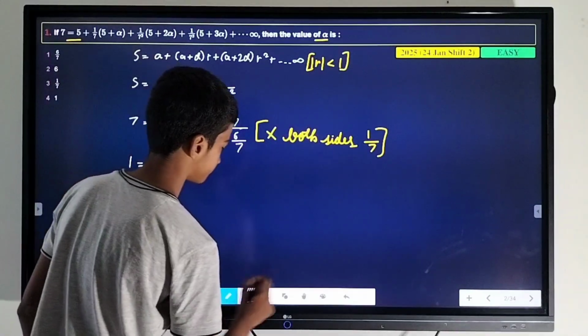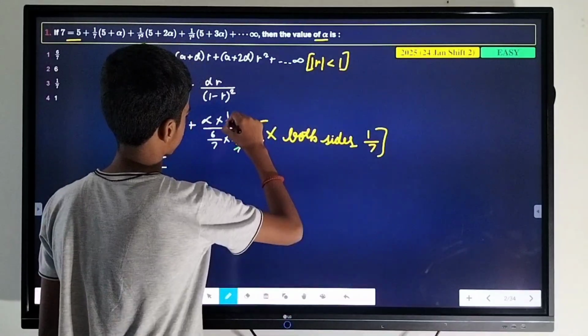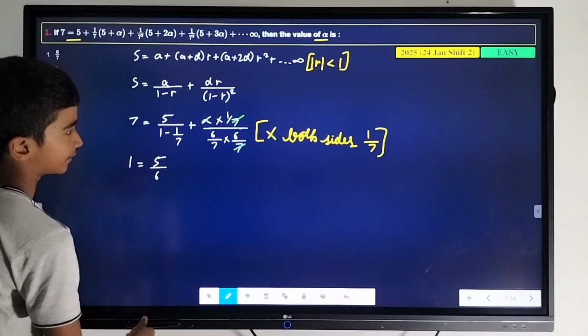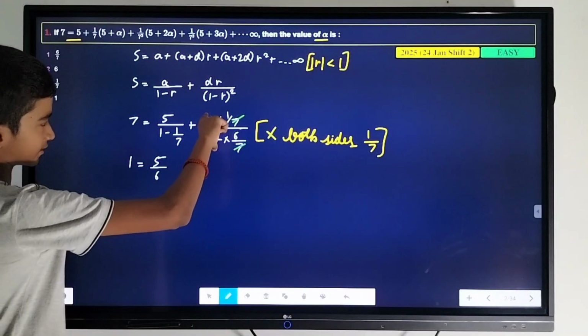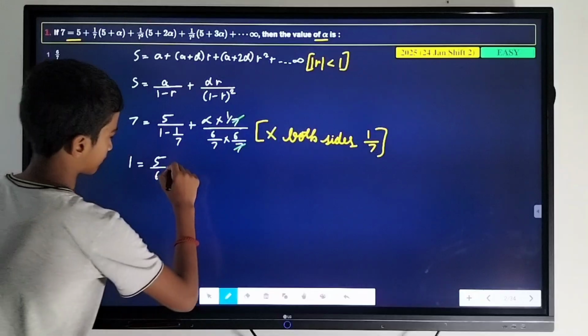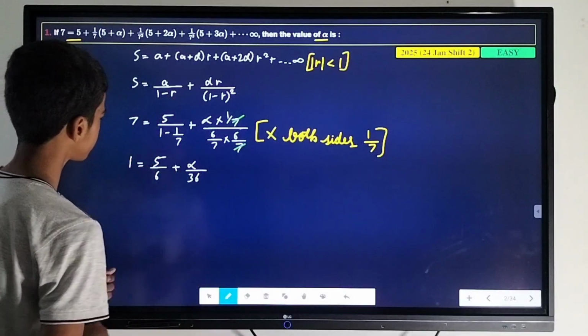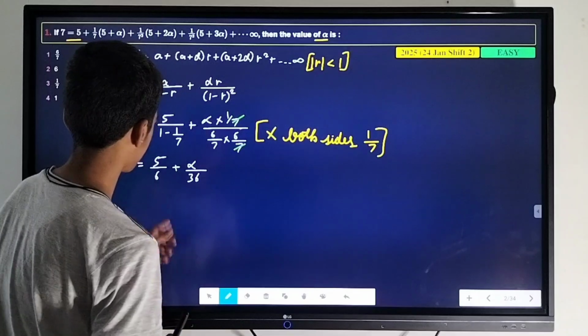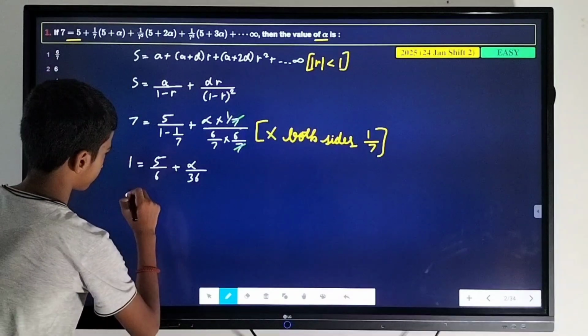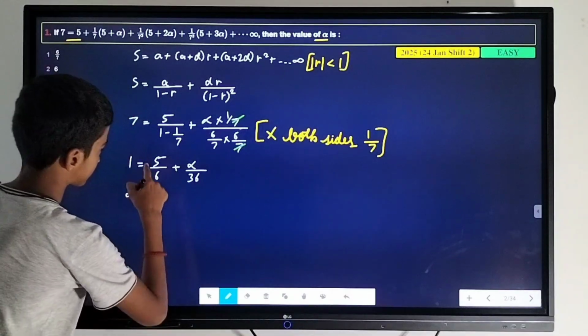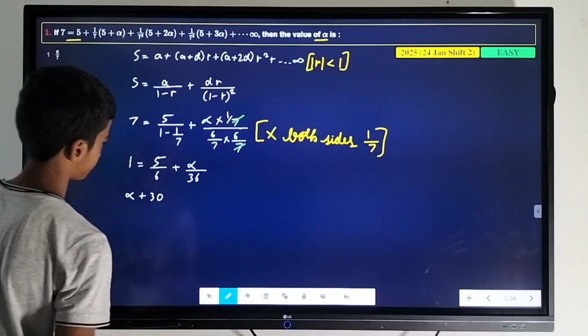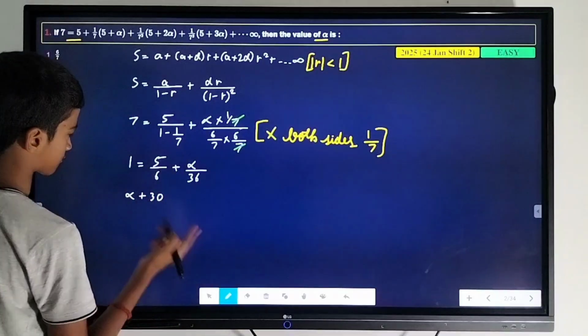Here 7 and 7 will get cancelled. Here multiplying by 1 upon 7 in this fraction, we will get plus alpha upon 36. So from here we will get alpha plus 6 times 5, 30 upon 36 is equal to 1.